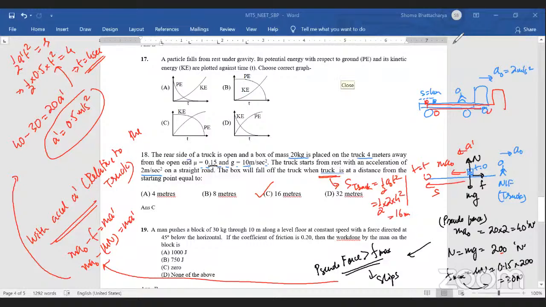So it is easier to solve this in the frame of the truck rather than to solve it in the ground frame and then use relative motion. Unnecessarily, that will be a bit confusing. Anyhow, that's the 18th question.